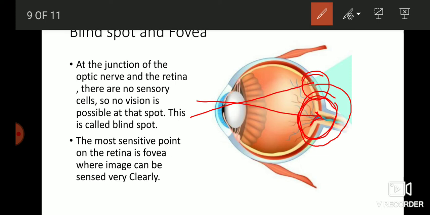You can check the existence of the blind spot with the help of an activity given in your NCERT book, activity 16.9. It is a very easy activity.